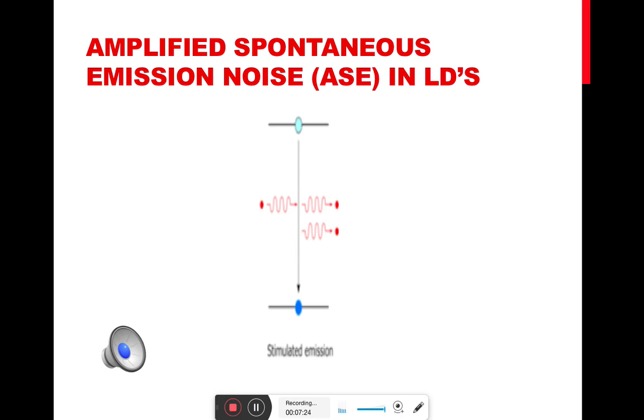And that light, when we take it out from a partially reflecting mirror, we get the output of a laser. But there are certain electrons which won't take part in this bundle of energy. There are electrons which won't take part in the stimulated emission, and those electrons release energy, and that energy will be taken as noise, and that noise is known as amplified spontaneous emission noise.